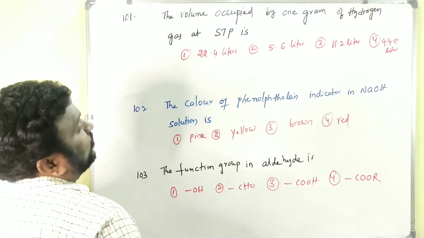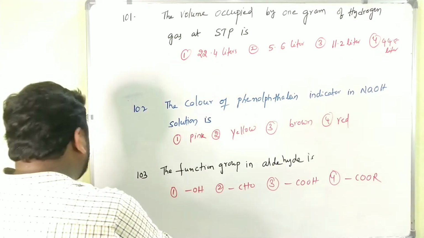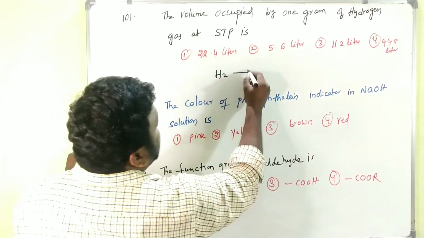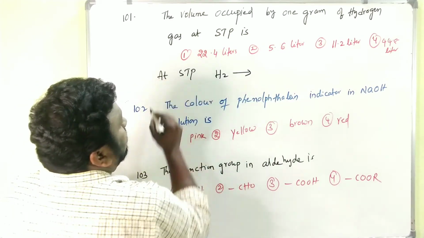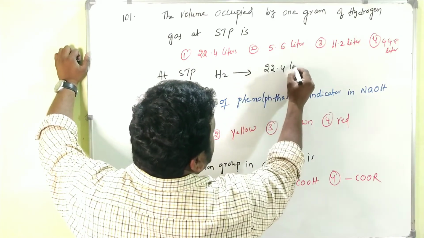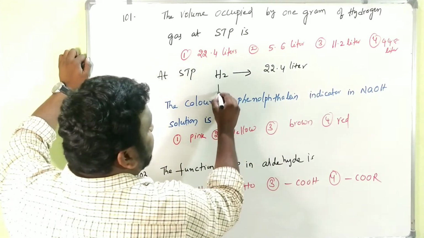So here we know that at STP, H2 can occupy 22.4 liters. Then what about H?